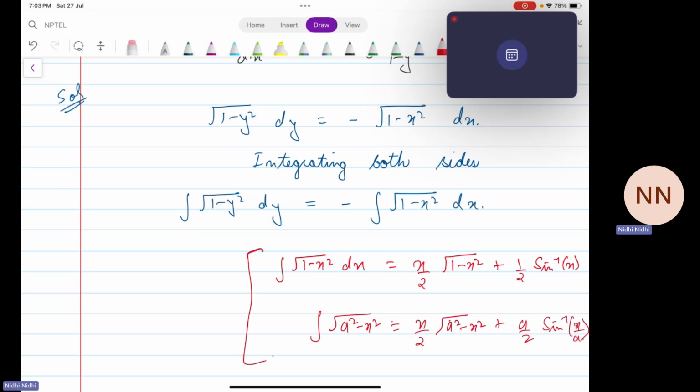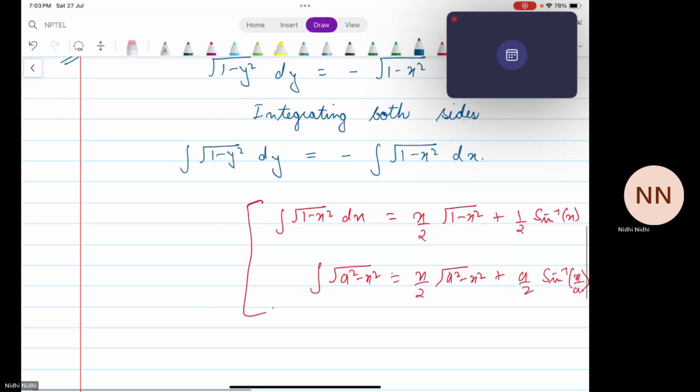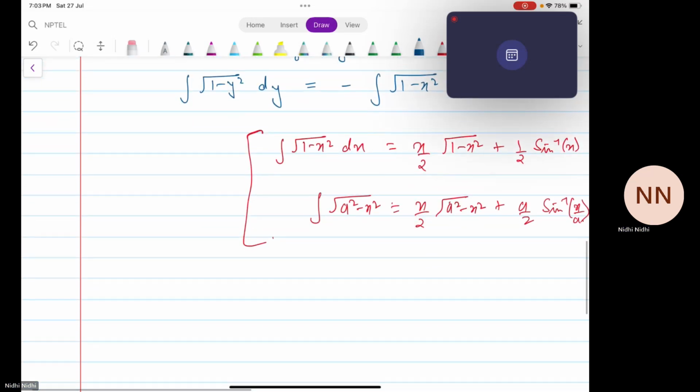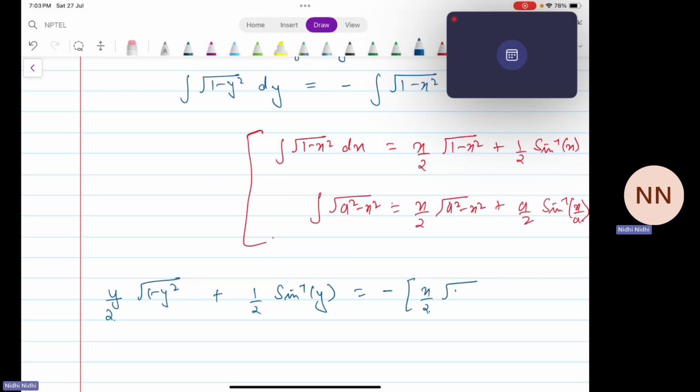So using this formula, we get y by 2 under root 1 minus y square plus 1 by 2 sin inverse y is equal to minus x by 2 under root 1 minus x square plus 1 by 2 sin inverse x plus some constant c.